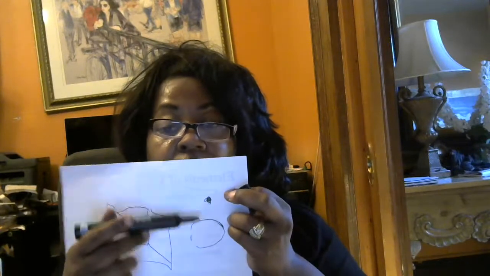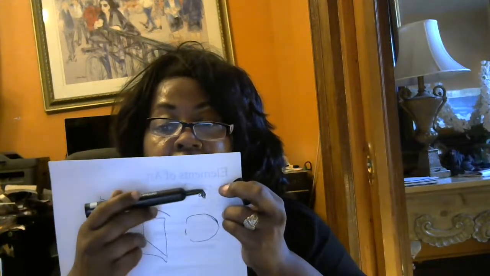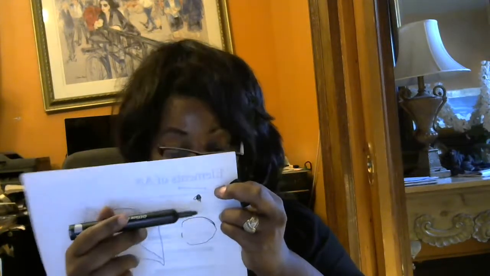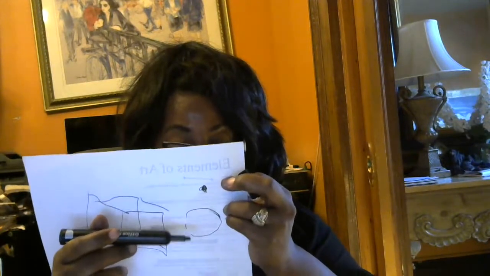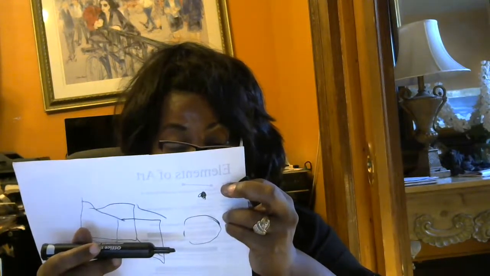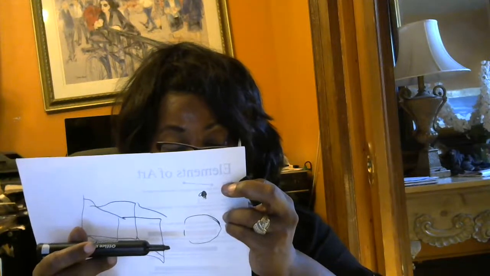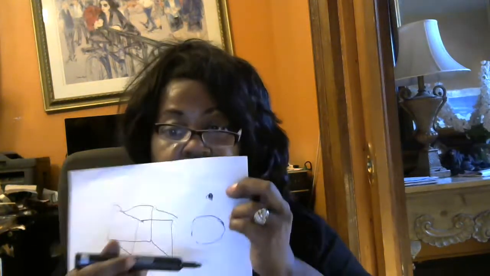So value is light and dark. And you have lines. And then if I wanted to, well, we could use color. We actually could use color, and that's a form of the six elements of art.